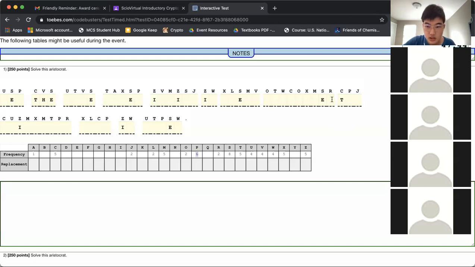P is pretty common and W is not so common, right? So it doesn't seem like it. There's also "tis". If you've ever read something like Shakespeare, you can see how there's an apostrophe and then "tis". They say "tis" instead of "it is", but it doesn't seem like this is that type of old English quote. So let's think about some other three-letter words that end in E.